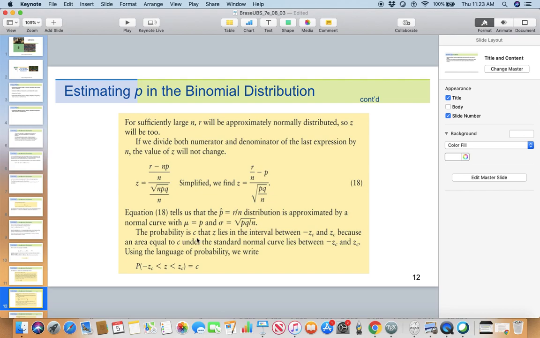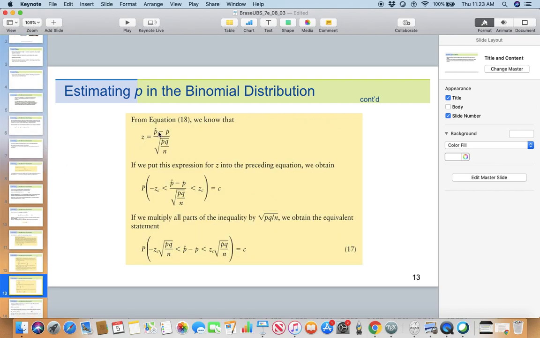So, the probability is C that Z lies in the interval negative ZC to ZC, because an area equal to C under the standard normal curve lies between negative ZC and ZC.